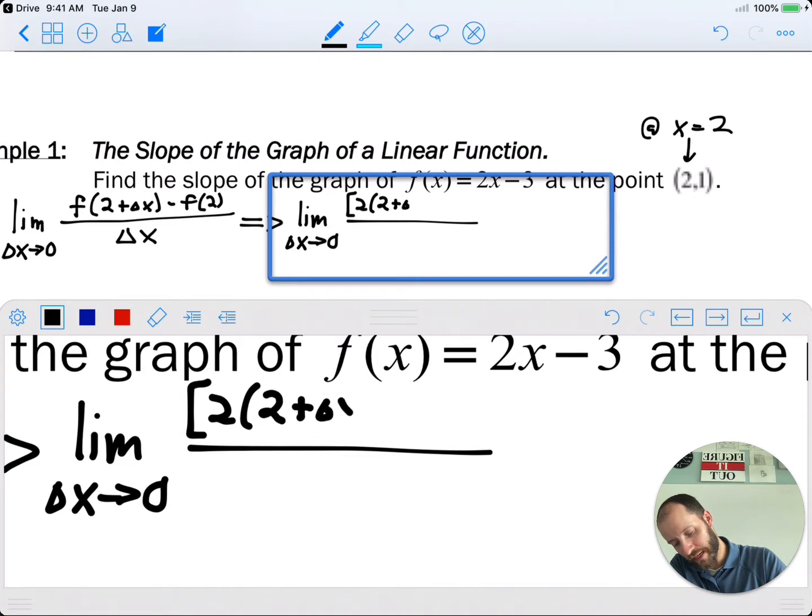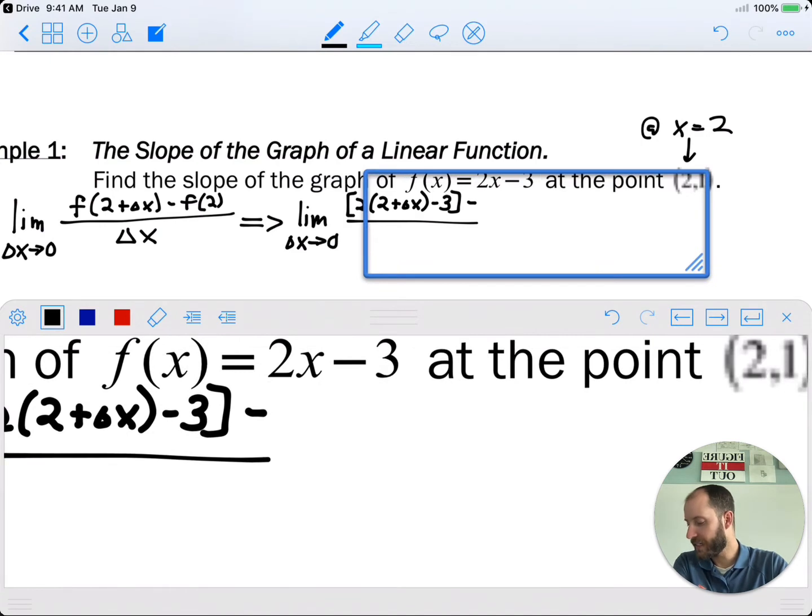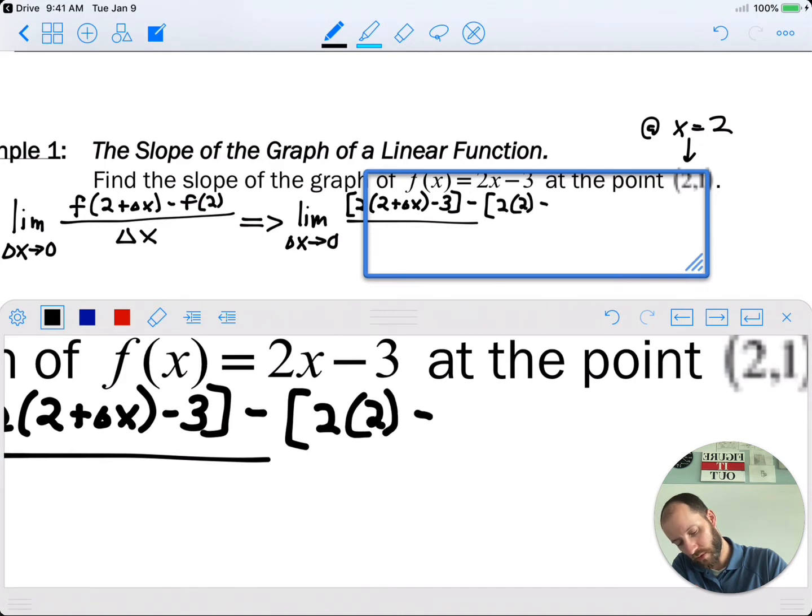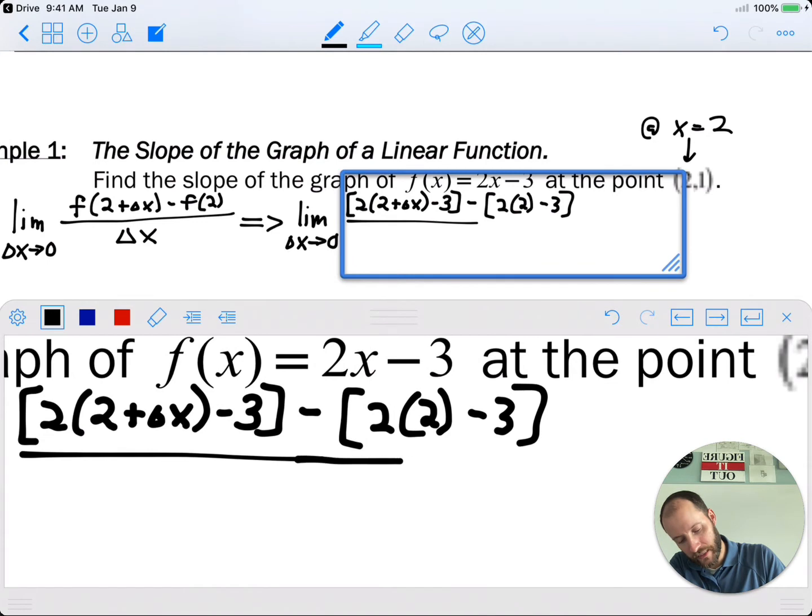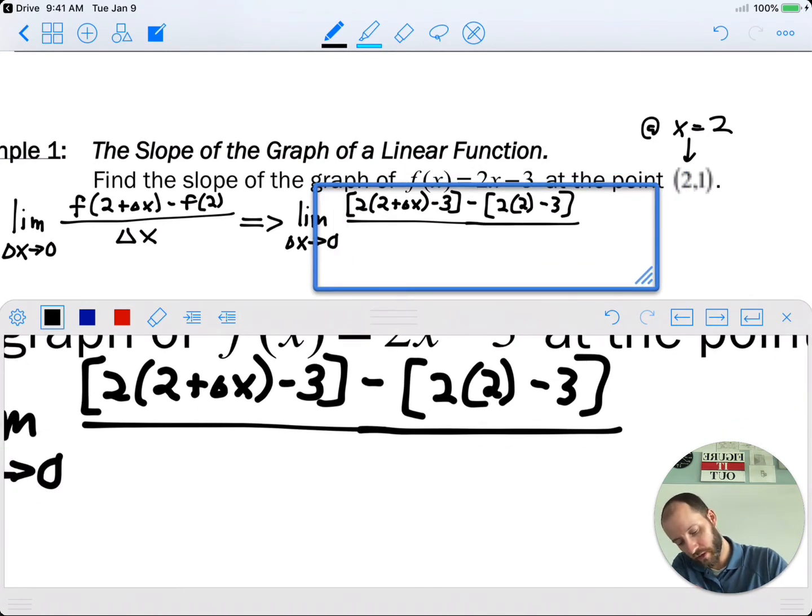So instead of 2x, 2 quantity 2 plus delta x minus 3, minus f of 2, so 2 times 2 minus 3, all over delta x.